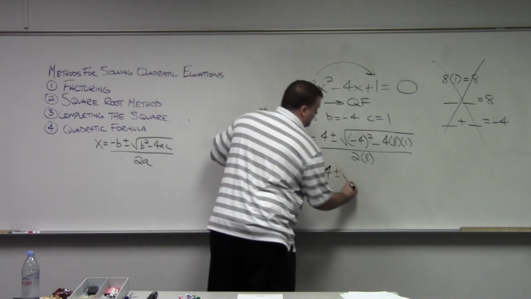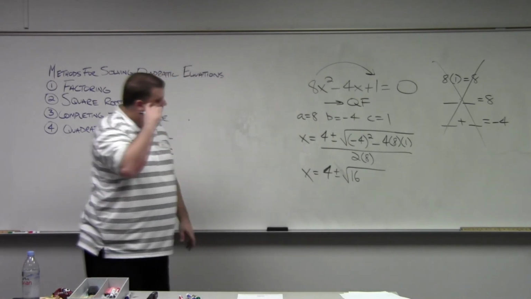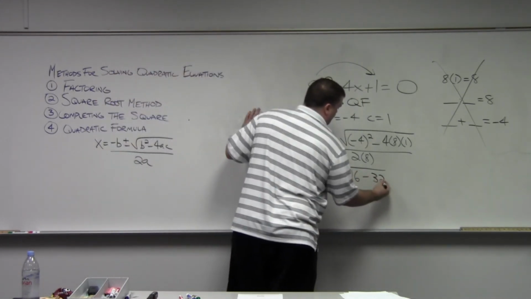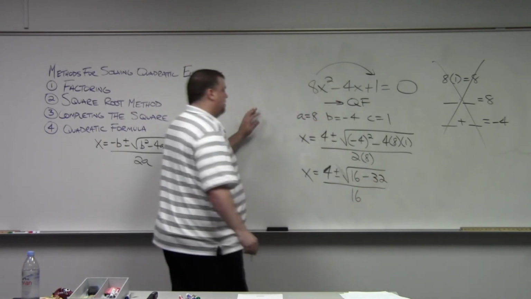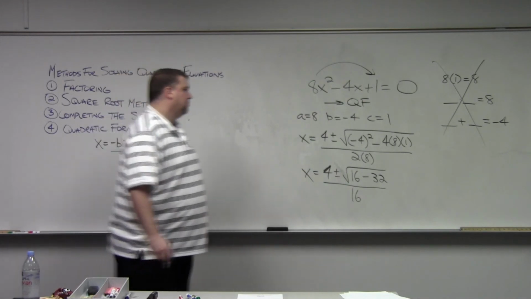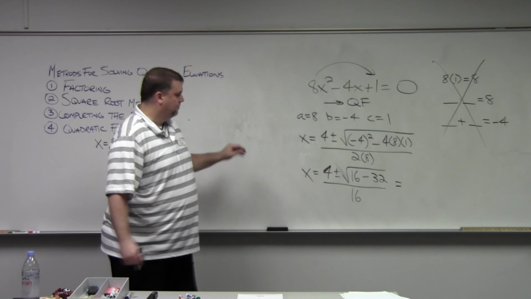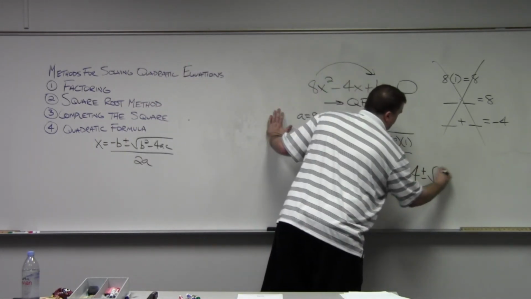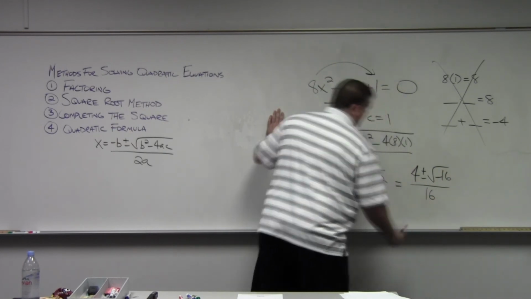Negative 4 squared is going to be positive 16. And then negative 4 times 8 times 1 is a negative 32. And 2 times 8 is 16. So what's 16 minus 32? Negative 16. So I've got 4 plus or minus square root of negative 16 over 16.